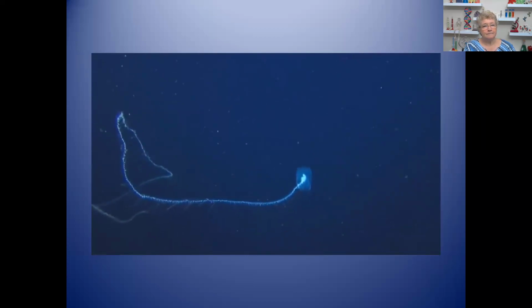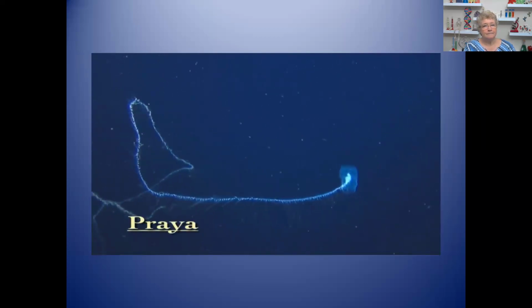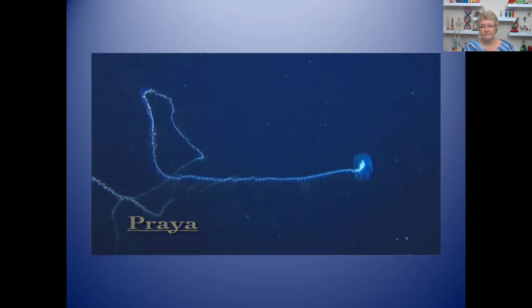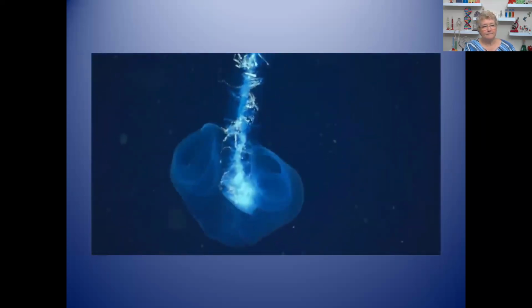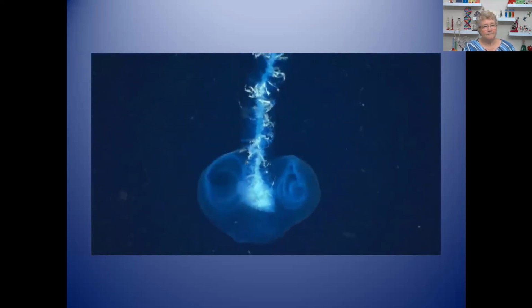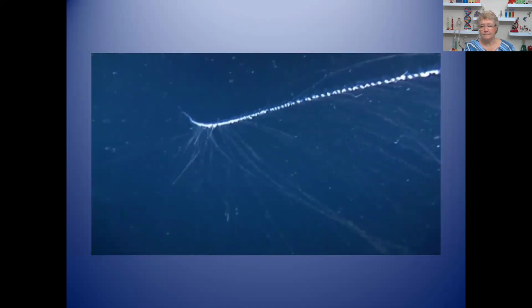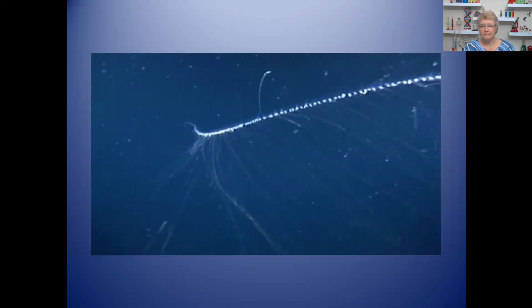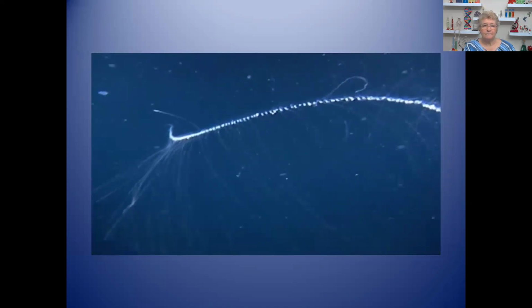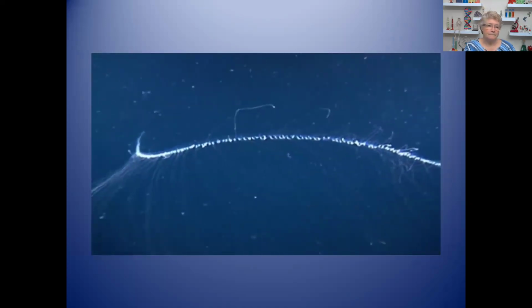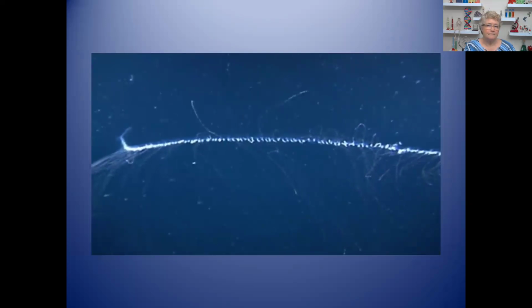This astounding creature known as Praya is a combination of the 2 basic cnidarian shapes: the pulsing, bell-shaped medusa and the stalk-like polyp with trailing tentacles. Spanning up to 120 feet, Praya is the longest predator in the world, longer even than a blue whale.